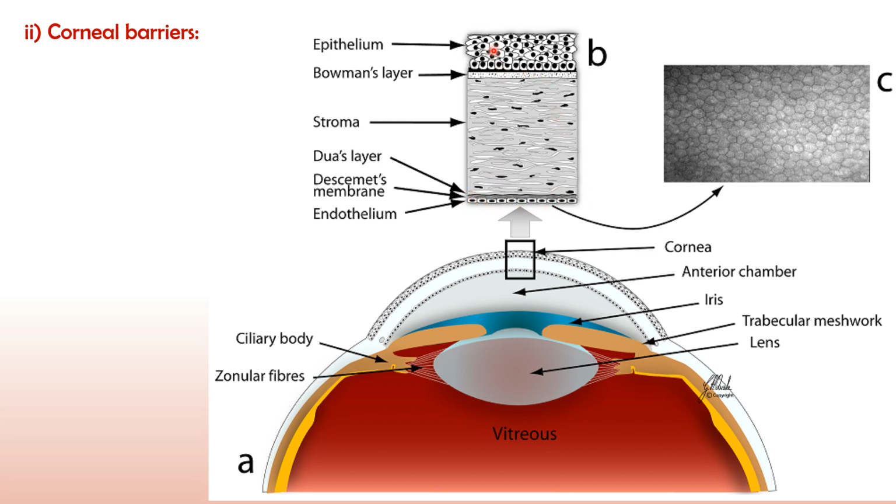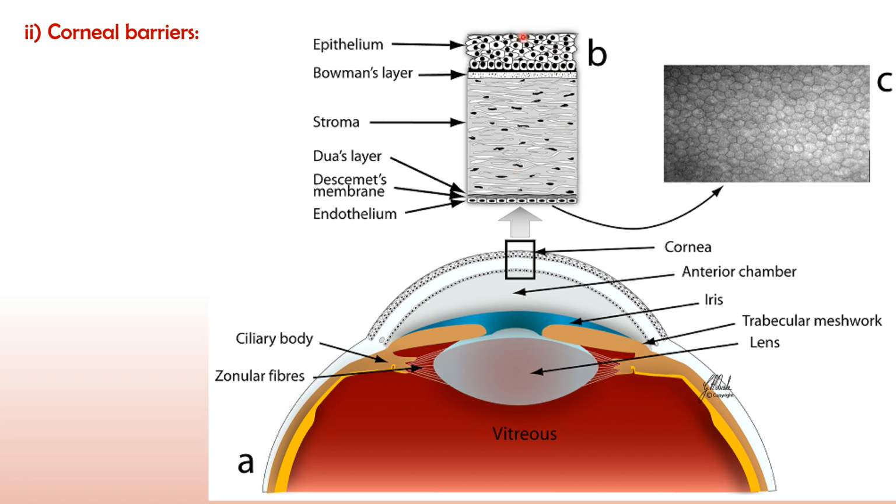Now this epithelium contains almost 90% of the cells of the ocular cornea, and these cells are attached very tightly, and because of the presence of a high number of cells, this epithelium is lipoidal in nature, whereas the stroma contains a collagen matrix and is hydrophilic.